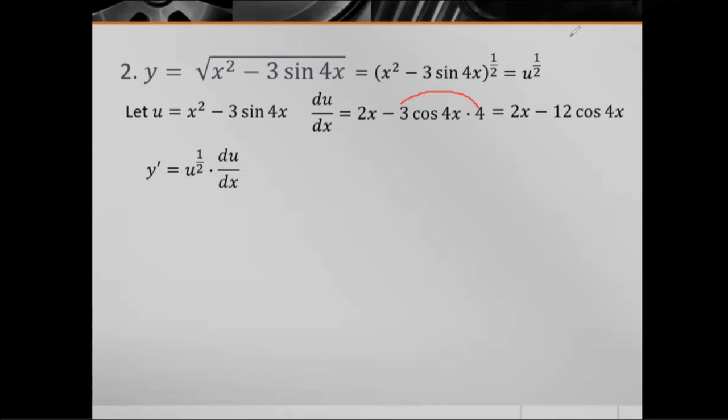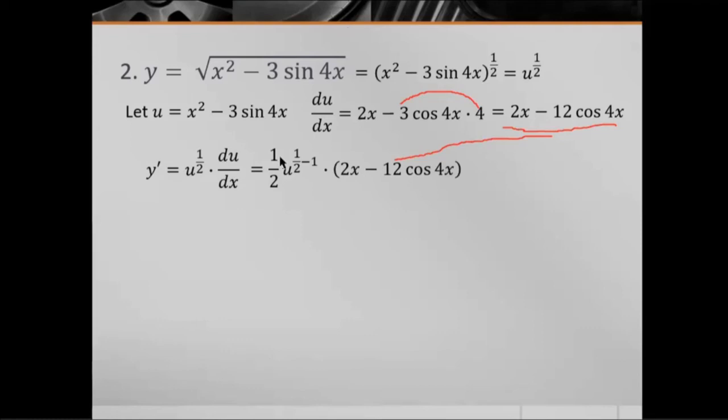Okay? So, bababa yung 1/2, magiging 1/2 u, 1/2 minus 1 is negative 1/2. Then, meron na tayong du over dx. Substitute na lang natin. Ito yung ating du over dx.